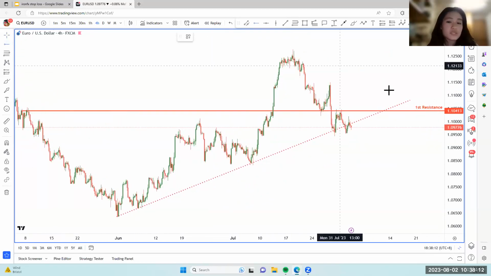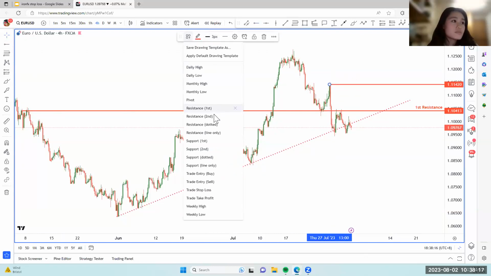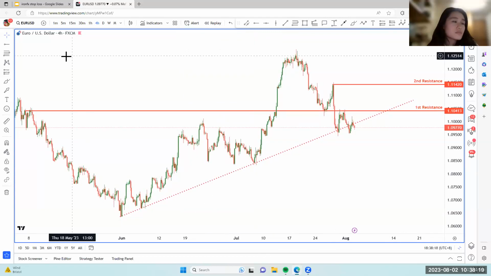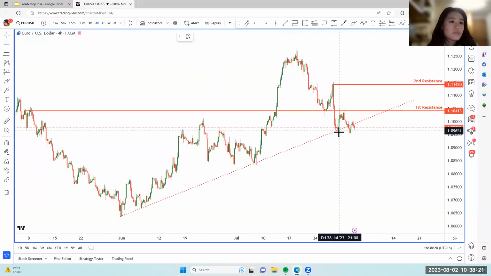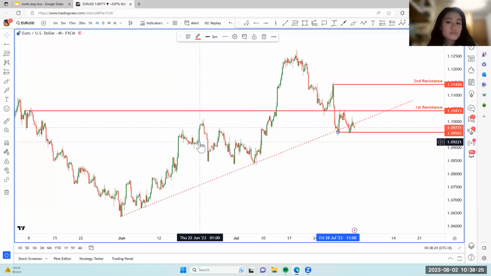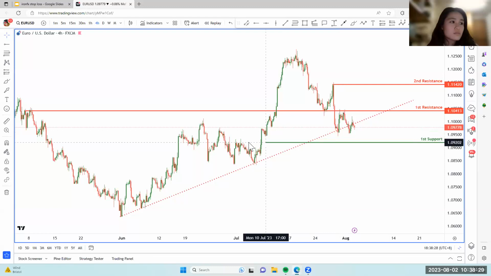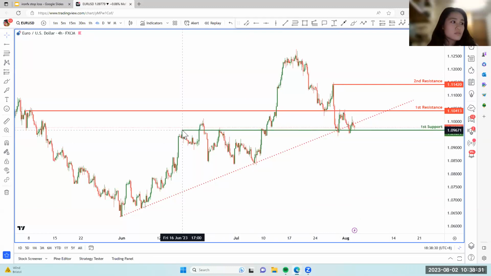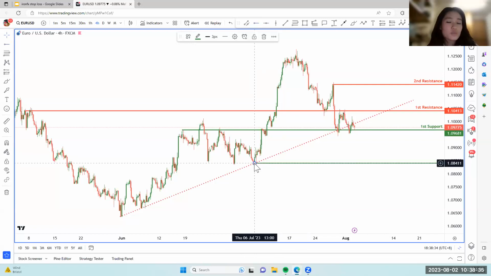So here's my first resistance, and then my second resistance over here. My first support just here, and my second support here.